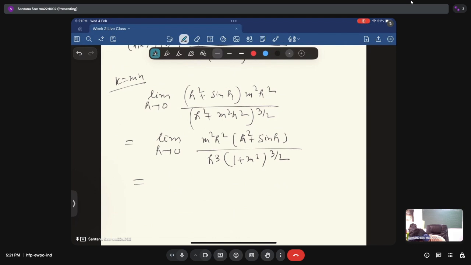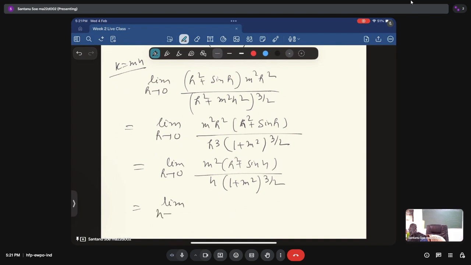So this will be the limit as h tends to 0 of (m square times h square plus sine h) divided by h times (1 plus m square) to the power 3 by 2.